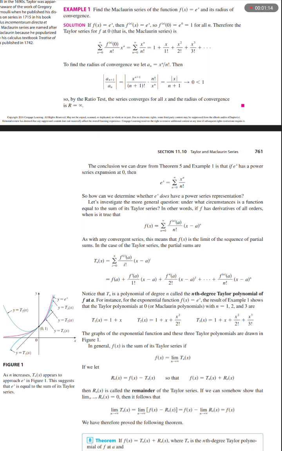To find the radius of convergence, we let a_n equal x^n over n factorial. Then the absolute value of a_(n+1) over a_n equals the absolute value of x^(n+1) over (n+1) factorial times n factorial over x^n, equals the absolute value of x over n+1, which approaches 0, which is less than 1.